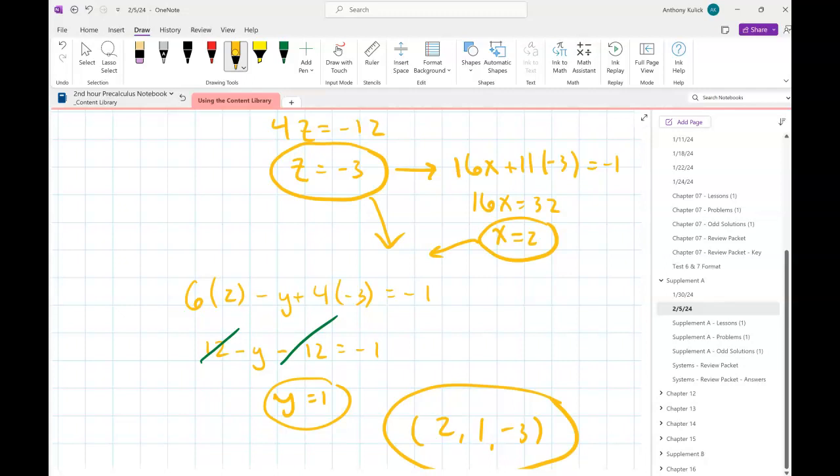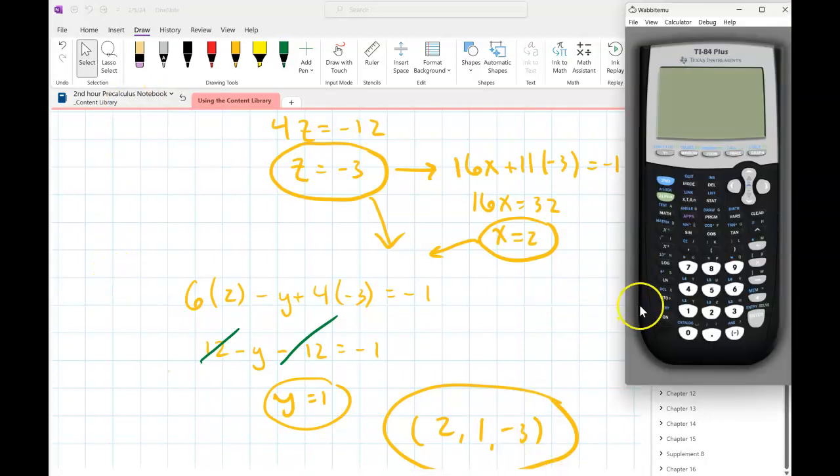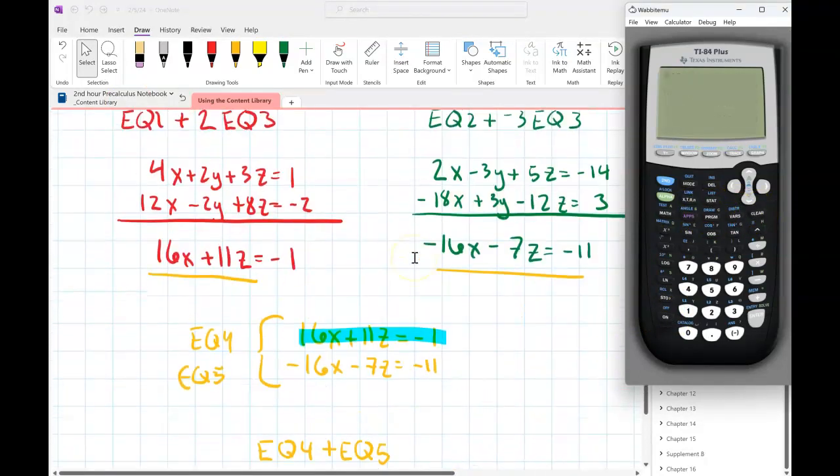All right. So to check your answer, you can plug this back in and make sure it satisfies all three equations, right? Okay. You could also ask your calculator to just do the whole problem for you.